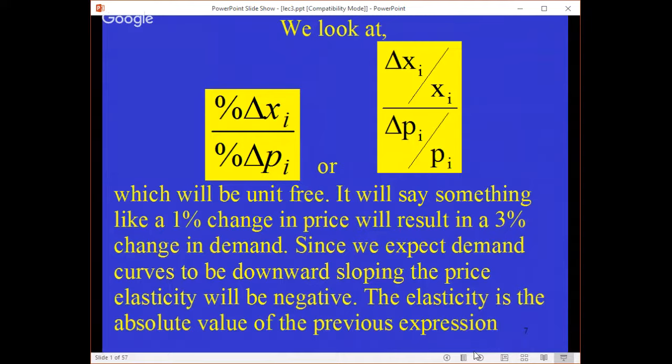Here I'm just going to call them 1 and 2. So I have the change in xi is x2 minus x1 divided by where we start off, x1. I'm going to divide that by the change in pi, and again, assuming we end up with p2 and we start with p1. So the change in pi is p2 minus p1 divided by p1.